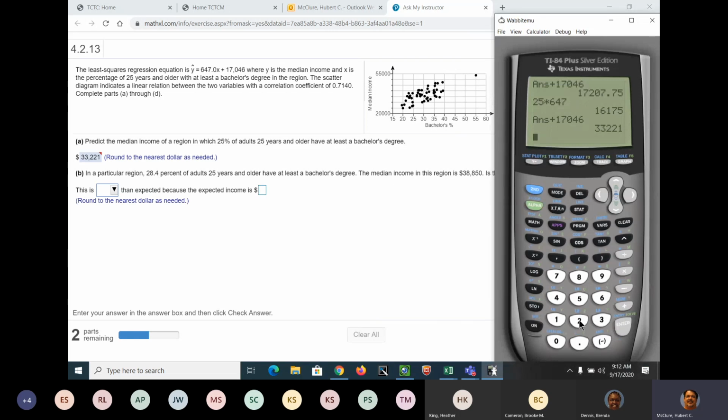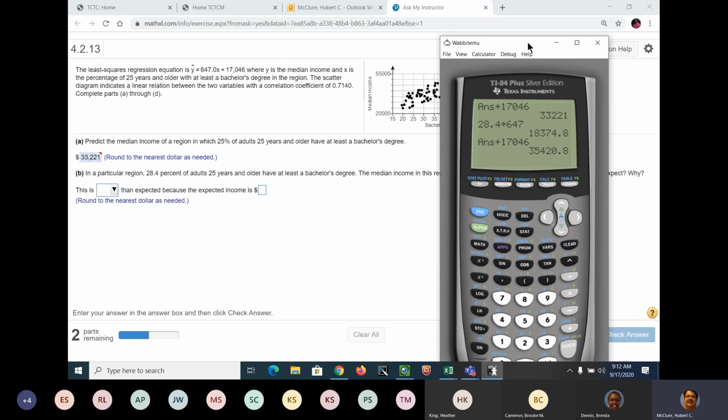So 28.4 times 647 plus 17,046. 35,420 is what we got. So the median income is 38,850. So the median is higher.